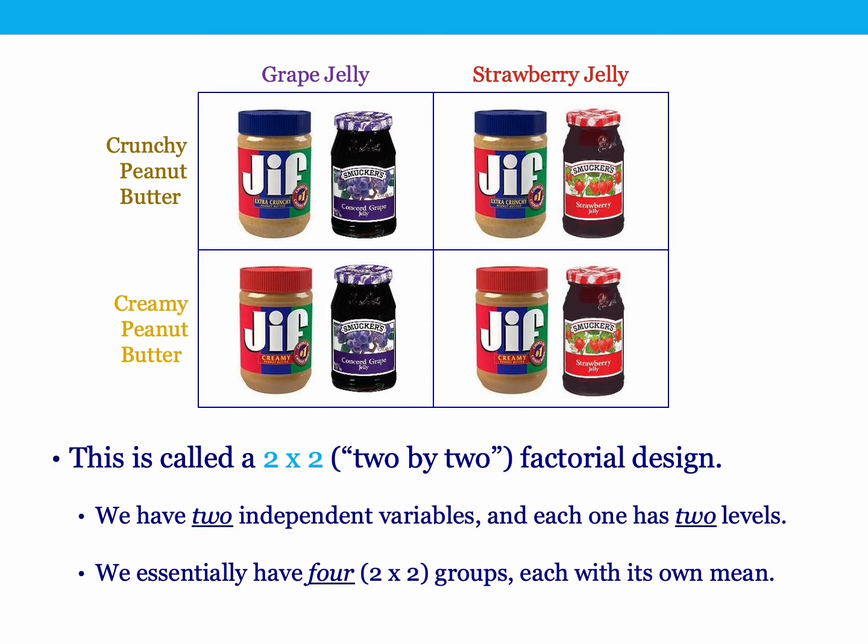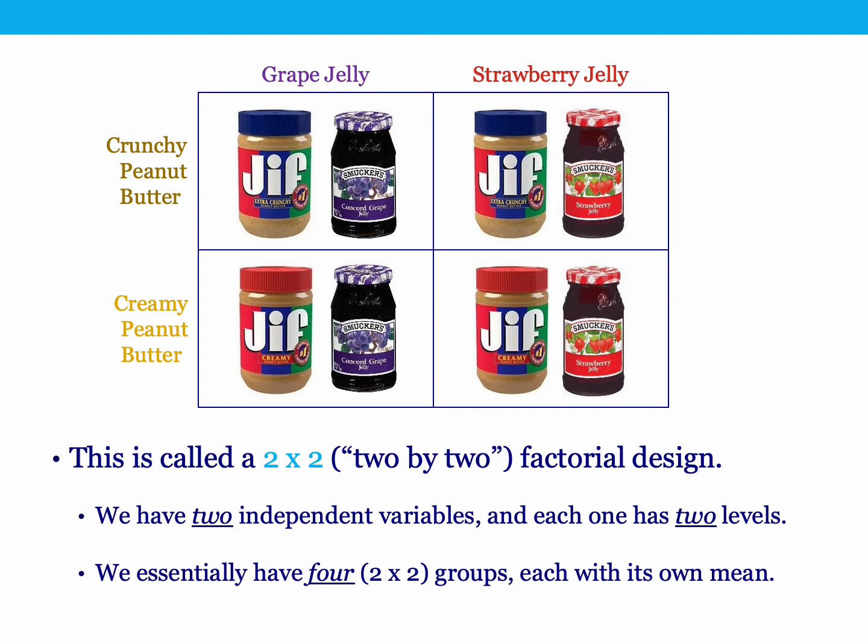And then what each number represents is going to be the number of levels for the independent variables. So we know that there are two numbers there total. So we have two independent variables, and the first number refers to the number of levels in IV1, and the second number refers to the number of levels in IV2.